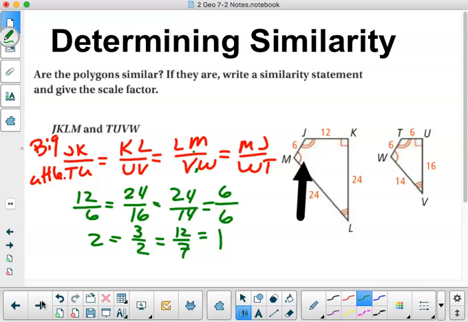And remember, for these to be similar shapes, they have to all be the same. So the shapes are not. Let's be more specific.